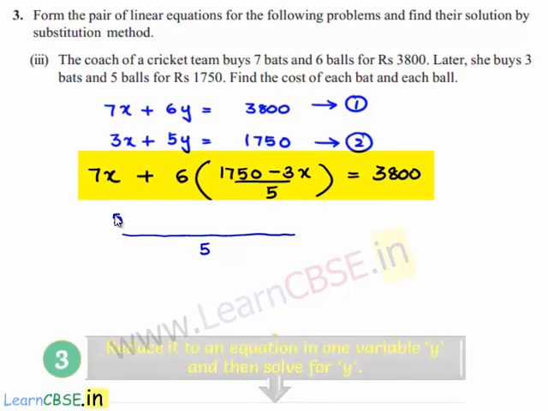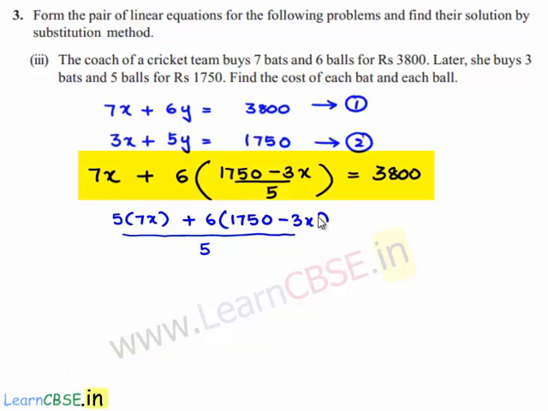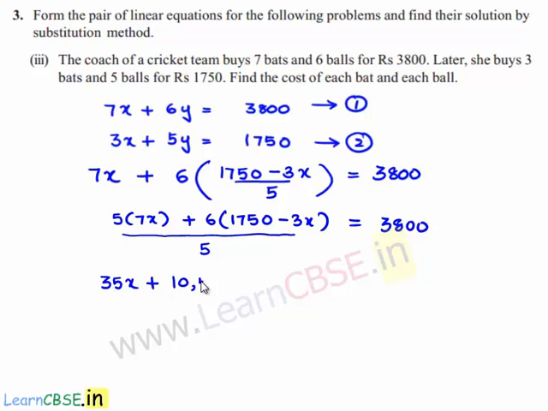So 5 multiplied by 7x plus 6 times 1750 minus 3x is equal to 3800 multiplied by 5. So 5 multiplied by 7x is 35x plus 6 multiplied by 1750 is 10,500 plus 6 multiplied by minus 3x is minus 18x is equal to 3800 multiplied by 5.